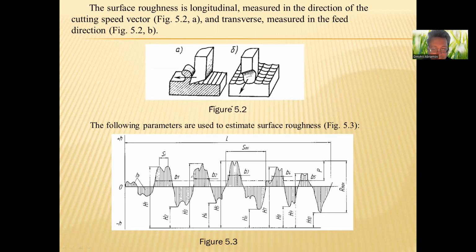Parameter, the maximum roughness, R suffix maximum. And other parameters. Please write down the scheme in figure 5.3. These parameters are used to estimate surface roughness.